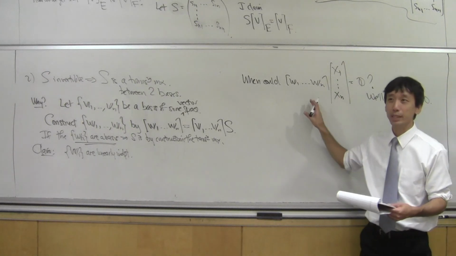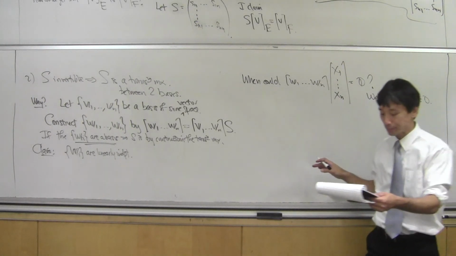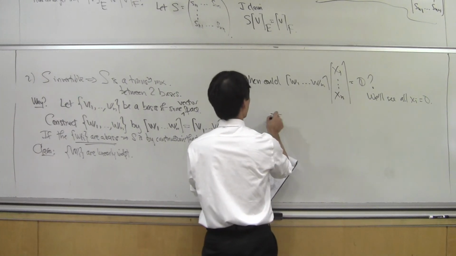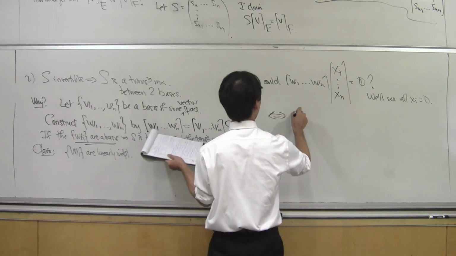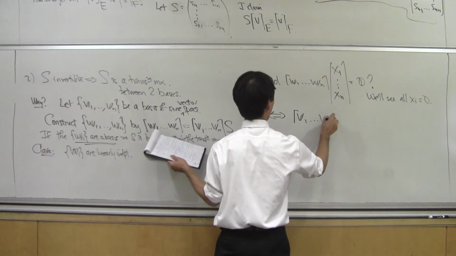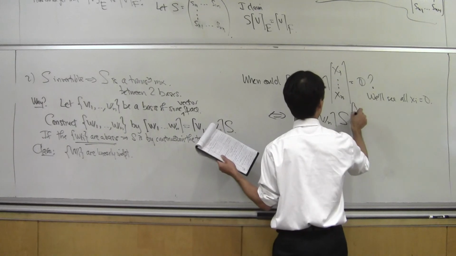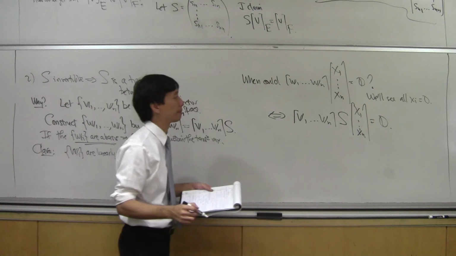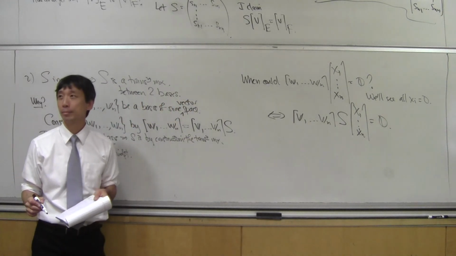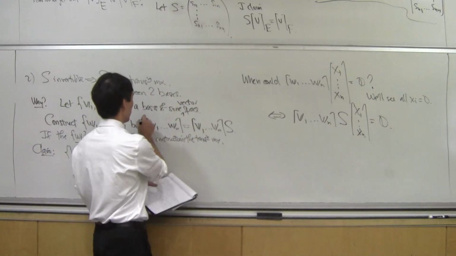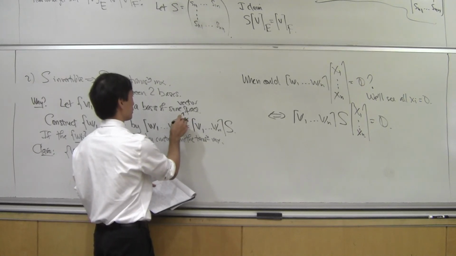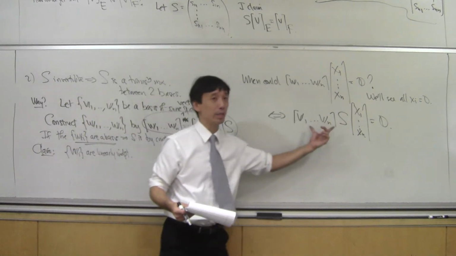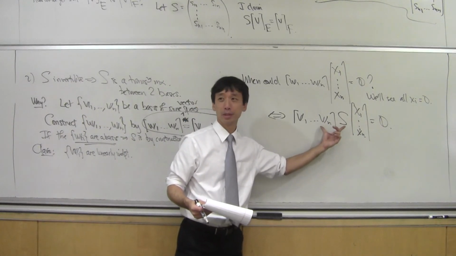Well, this is the same thing as saying that V1 through Vn times S times x1 through xn equals 0. Right, we replace the W's with the V times S.